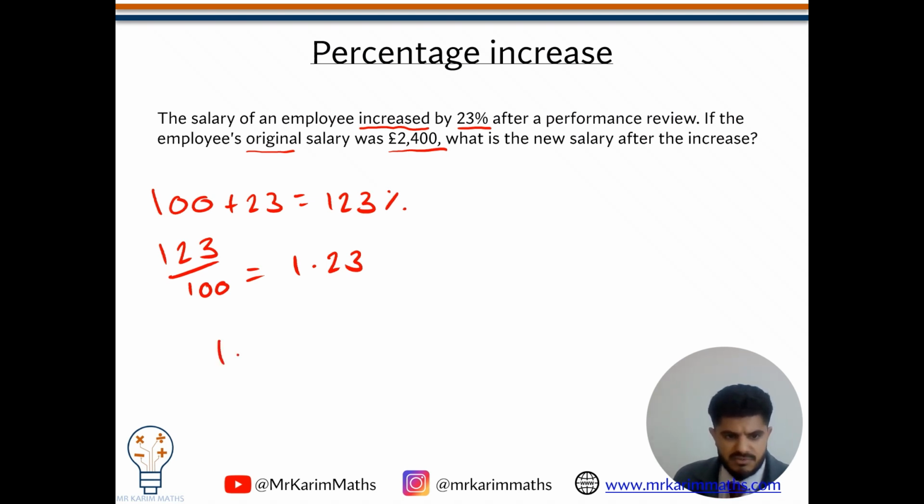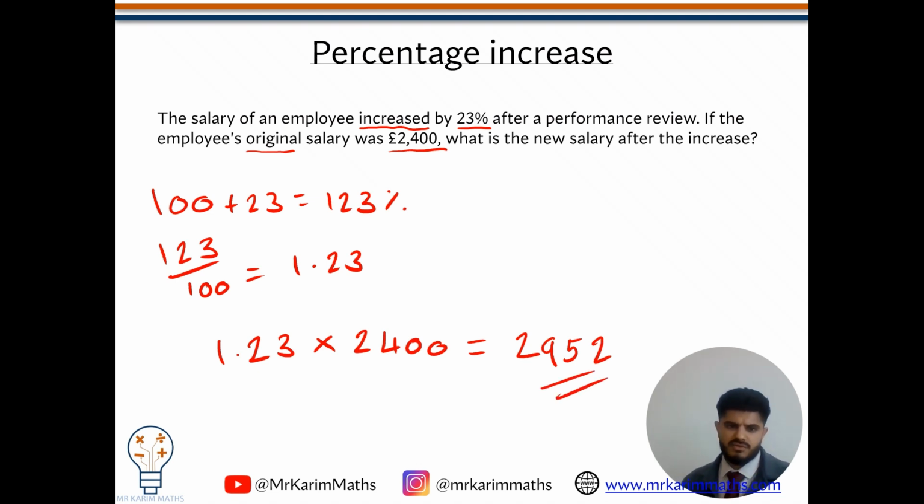So my multiplier multiplied by my original amount, so 2,400. And you should be thinking in your head, it's an increase, so my answer should be greater. So if you get an answer that's less than the original, maybe something's gone wrong there. So multiply those, and you end up with 2,952. Nice pay rise for him or her.